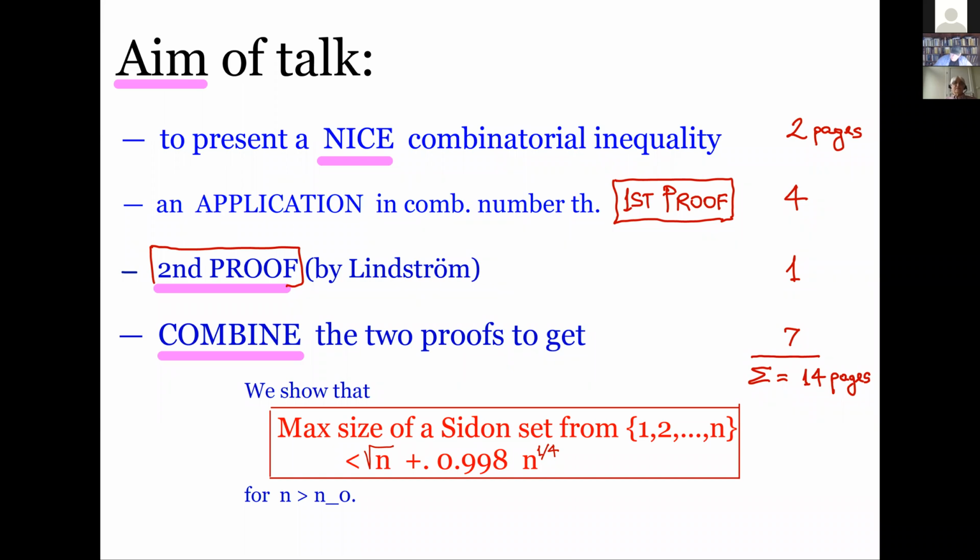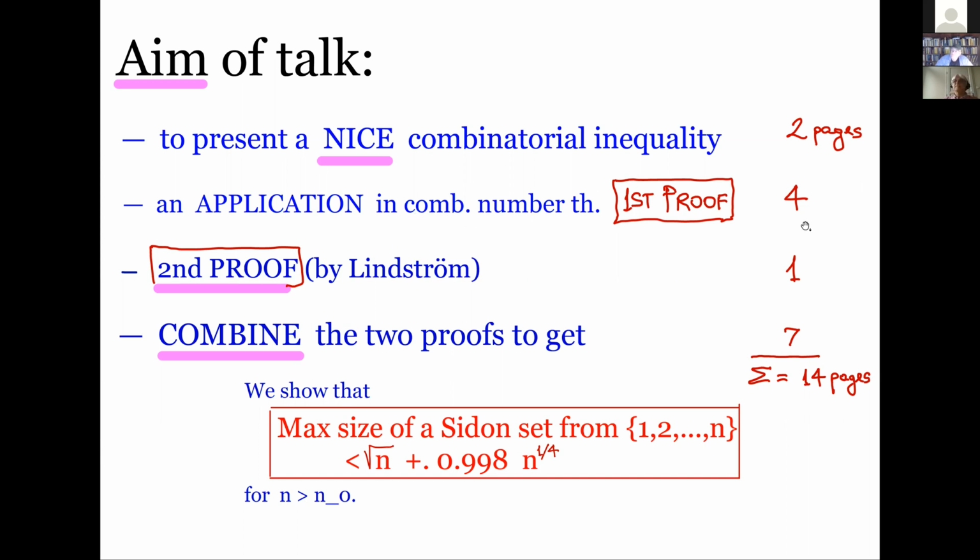So this is the summary of the talk. Everything I will talk about will be elementary, absolutely elementary. I'm going to start with a commentator inequality, which is itself very nice, but of course well known.